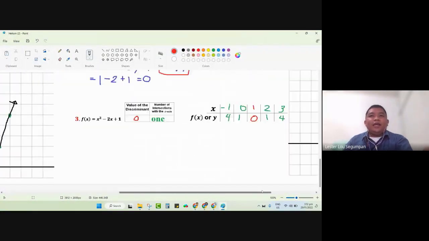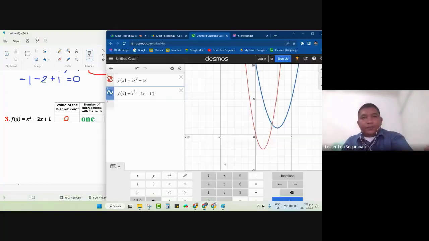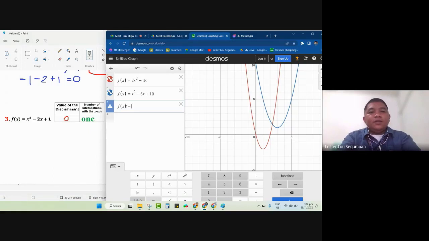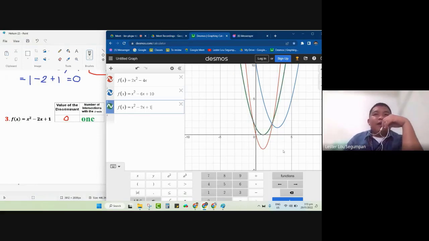And finally, for our last function, we have x squared plus 2x plus 1, where we predicted, and have shown here, only one intersection with the x-axis. Using Desmos, you have f of x is equal to x squared minus 2x plus 1. Look at the green graph.